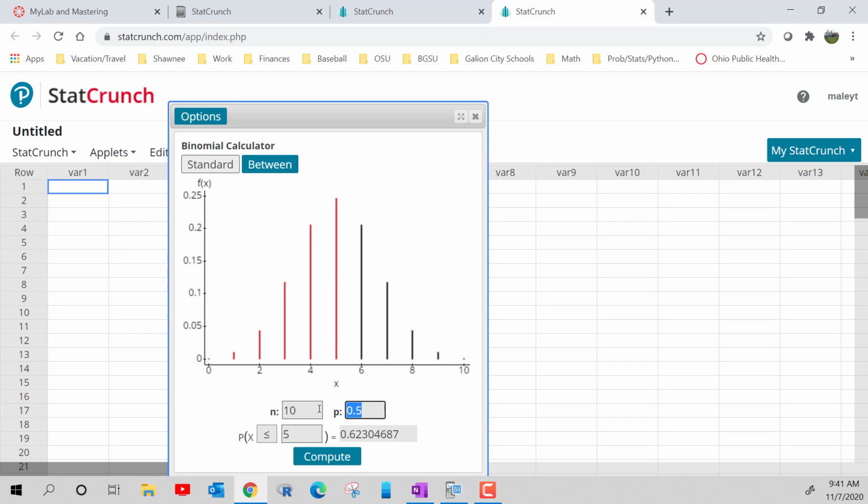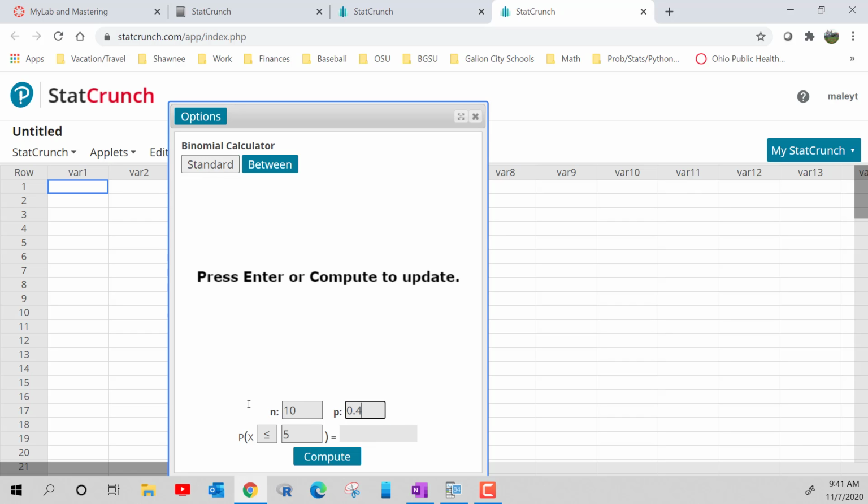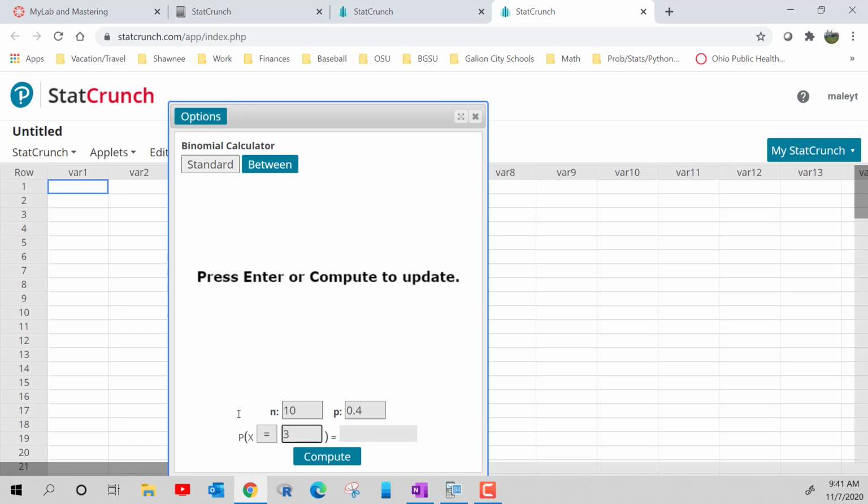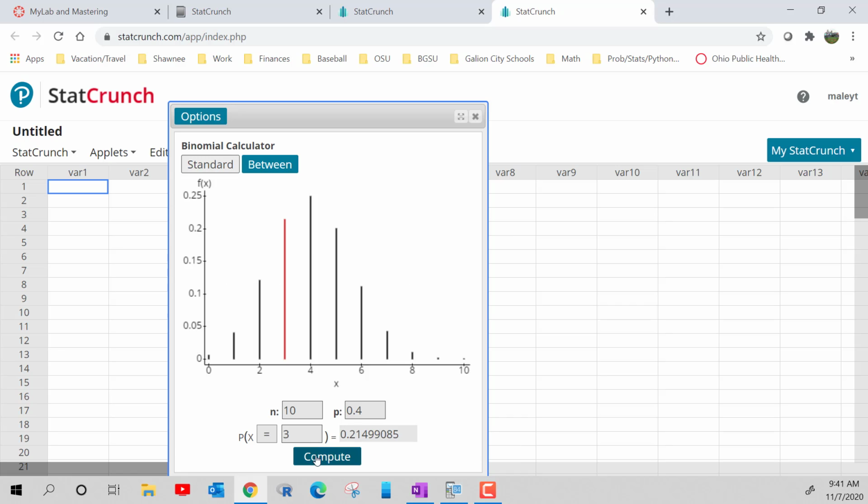Here I'm going to plug in 0.4 for p. And then the probability I'm finding is I want x to be equal to 3. So I just need to change that equality symbol and the x value, plug that in, and then hit compute.